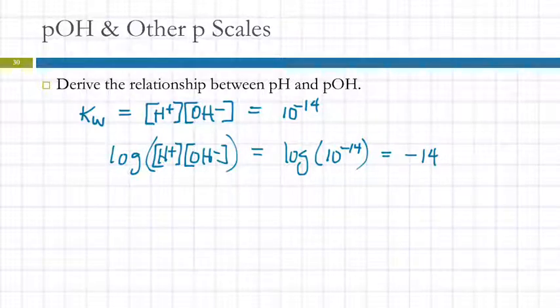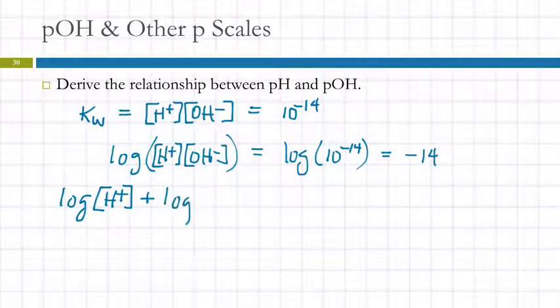So that's minus 14. Okay, so when we take a logarithm of numbers that are multiplied, that is equivalent to the log of each of those individually added. So the logarithm business is not going to go away, and so if you're fuzzy on this, you need to review your math.